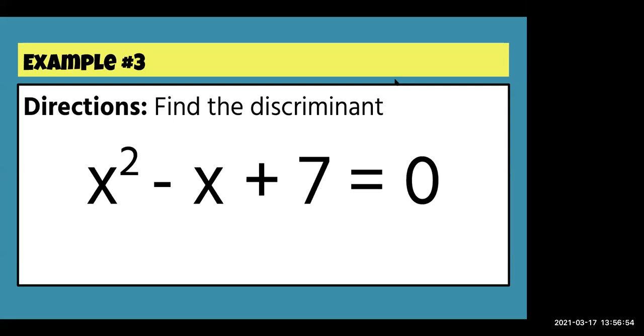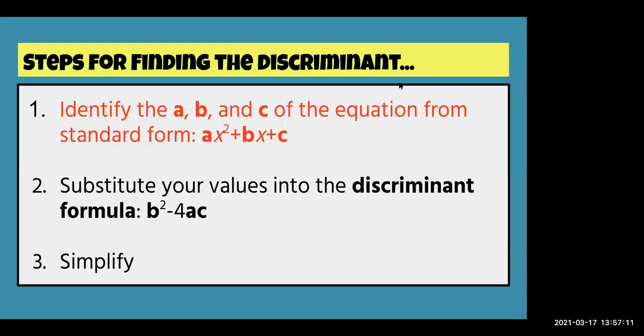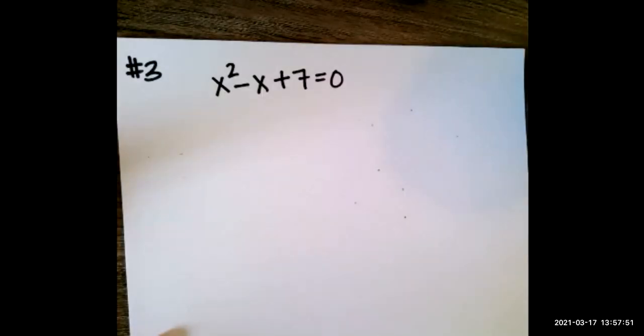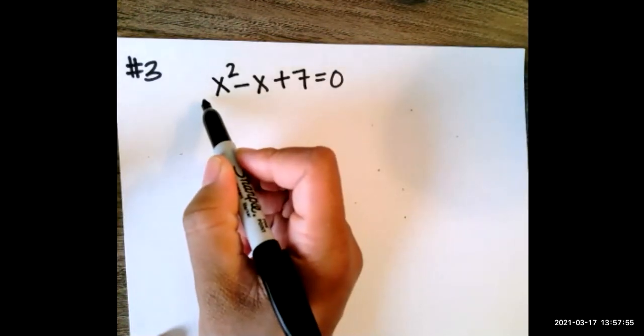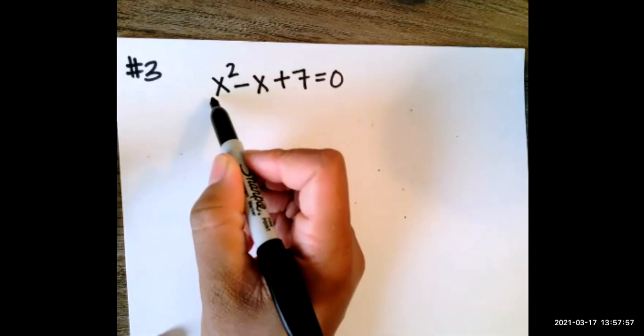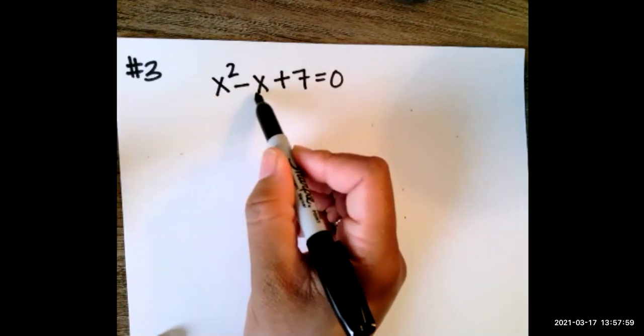Example 3. X squared minus x plus 7 equals 0. First, we're going to identify the a, b, and c of the equation. Finding a, b, and c can be a little tricky when you don't see a number in front of your variables, such as x squared or negative x.